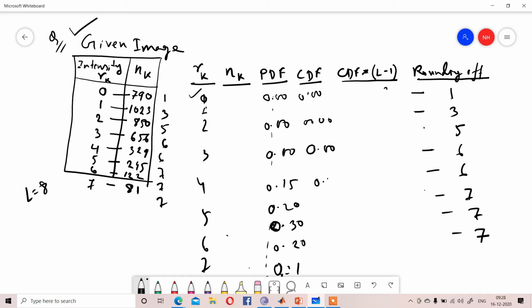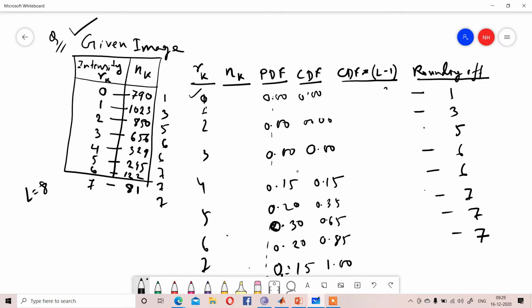It will be like that: 0, then 0.15 plus 0.2 is 0.35, 0.35 plus 0.3 is 0.65, then 0.85, and the final value is 1.00. So that is the CDF.